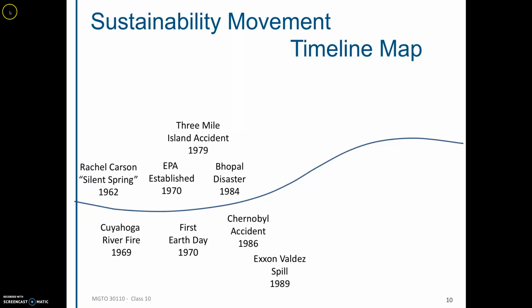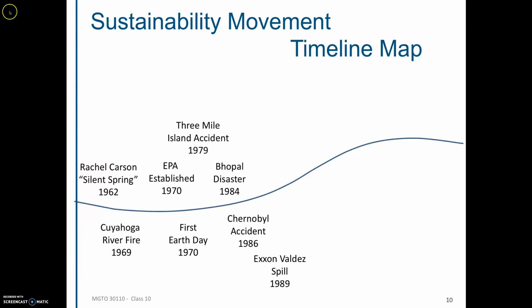The 3 Mile Island nuclear accident in Pennsylvania, and a chemical disaster in Bhopal, India, with a cyanide gas leak with a company called Union Carbide that killed lots and lots of people in a small town, and again more nuclear activity with the Chernobyl accident in the Soviet Union, and of course the Exxon Valdez tanker spill off the coast of Alaska. And so big business had trouble pointing to the fact that, hey, they just can't ignore this anymore.